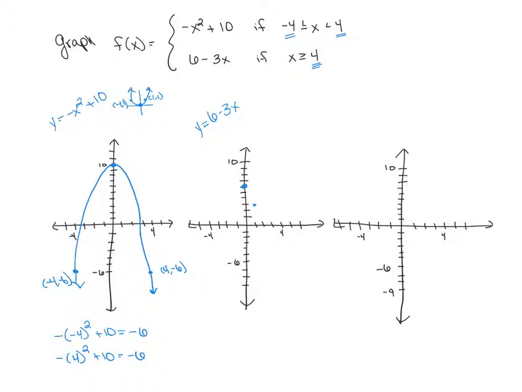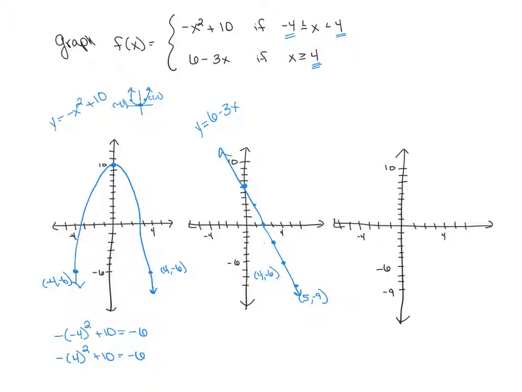Down 3, right 1. The reason why I keep going is because I know I have to have a value at 4. I could get this by plugging in, or I can continue with my slope. So important points that I'm going to need, I have the point (4, -6). I also have the point (5, -9). So here is the graph of that second equation.